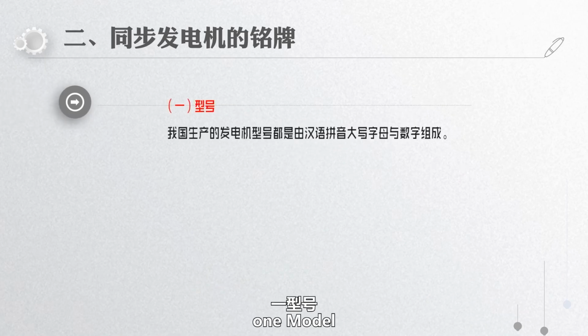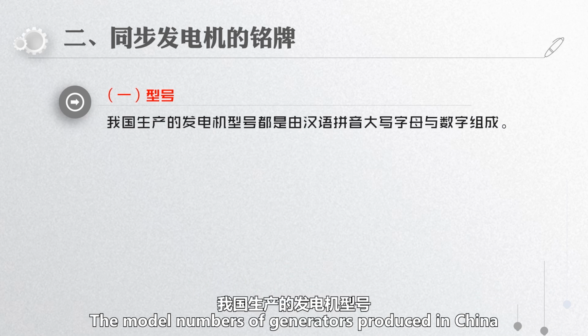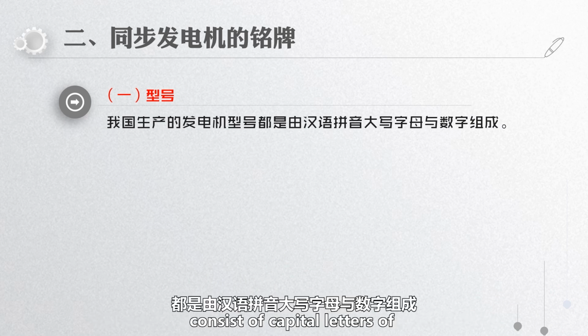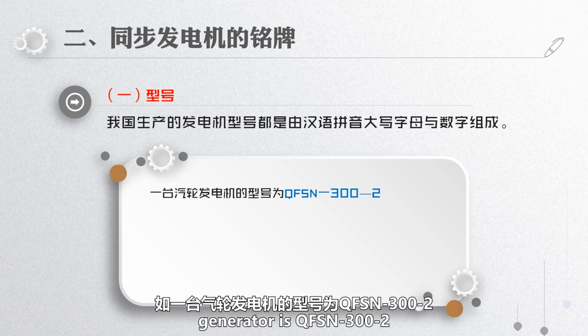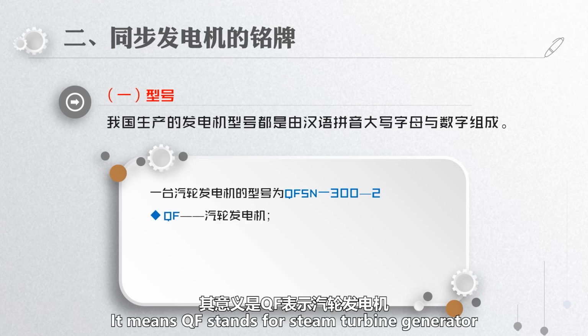1. Model. The model numbers of generators produced in China consist of capital letters of the pinyin alphabet and numbers. For example, the model of a steam turbine generator is QFSN-300-2.